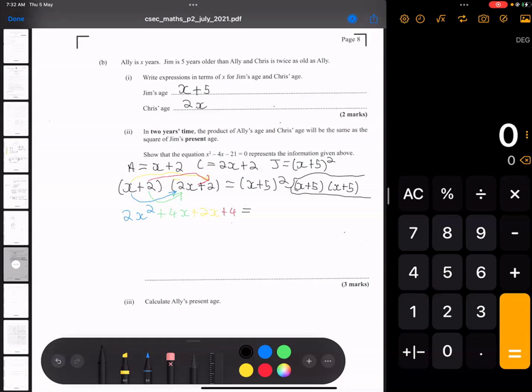So just how we mapped each of the terms, we're going to map these also. So using the blue, x multiplied by x will give us x squared. 5 multiplied by x will give us positive 5x.